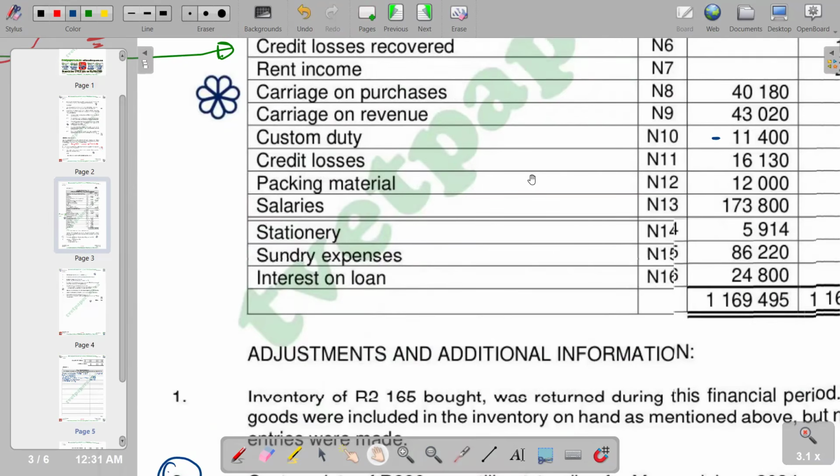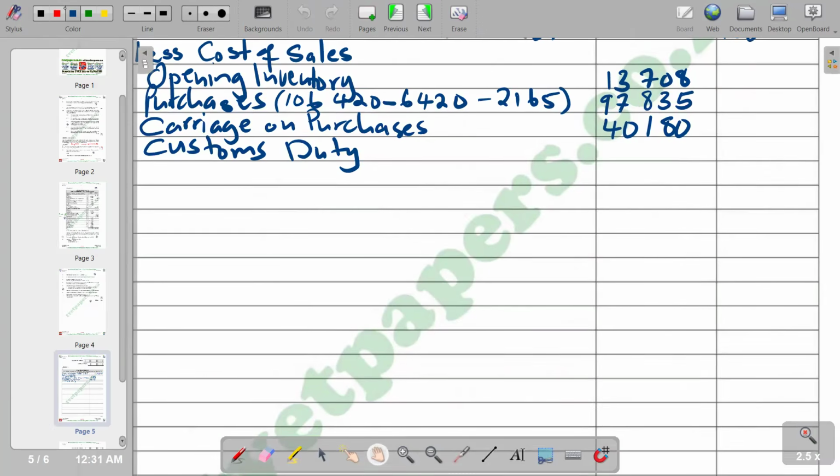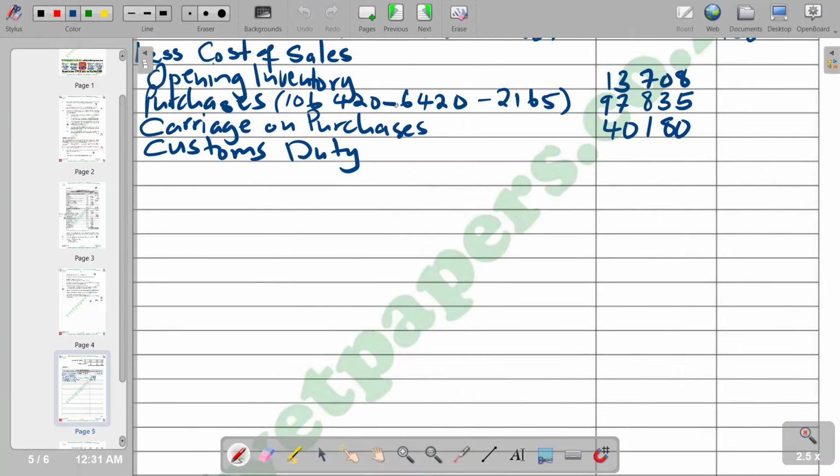So we can show that calculation, whereby now in brackets we are saying 11,400 and then we add the outstanding one, which is 600. And then we add that, we see that we are going to get 12,000.